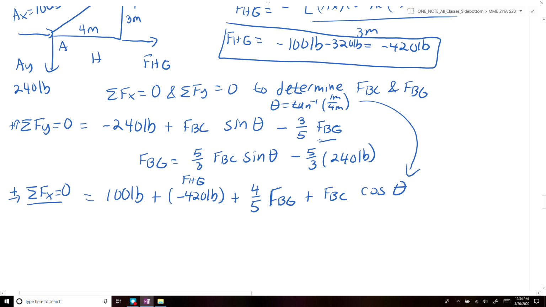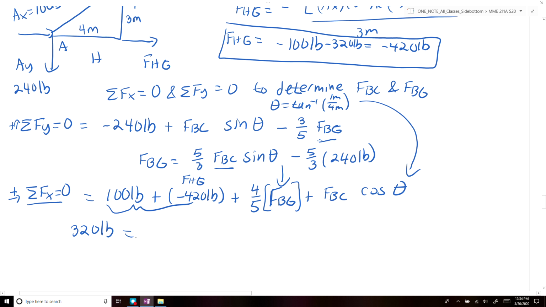Okay, so what we're going to do now is plug this part into the equation for F_BG, so we only have everything in terms of F_BC. If we do that, we'll get 320 pounds from combining these two forces on the left-hand side of our equation.